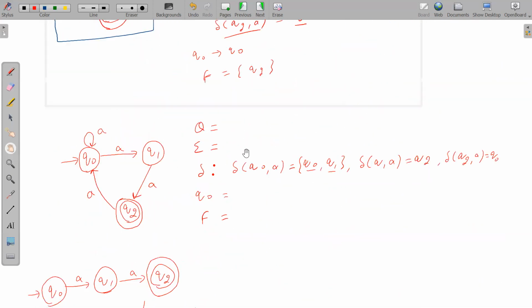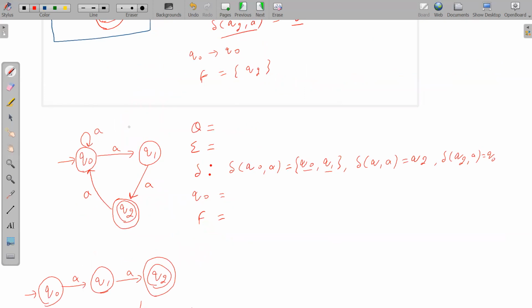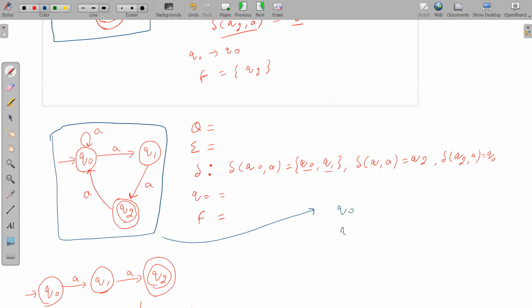Okay, and let me give you the table method also. So this is your state transition diagram, and let's convert it into a table. In the rows we will write states q naught, q1, q2.